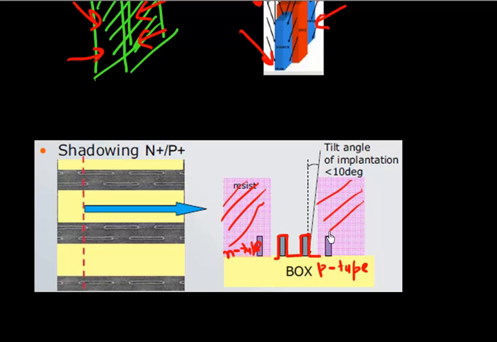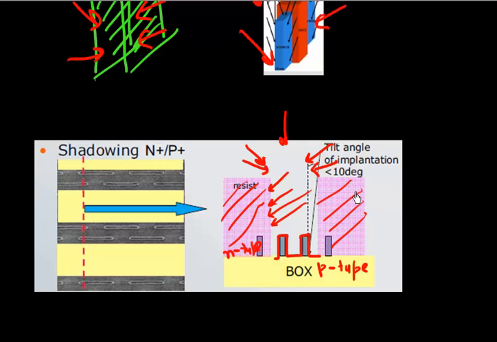So the problem you encounter is that you cannot implant at very high angles. You can only implant at vertical angles, because if you implant at these high angles, most of your implants coming from here will be shadowed by this resist. And that's the problem over here.